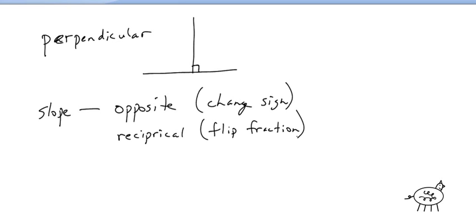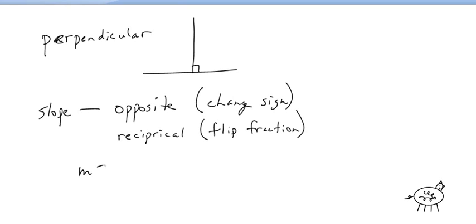Okay? So those are two important things to understand. You change the sign and you flip the fraction. Okay, you got to know that. Two important things. Okay, so let's do a couple examples here.